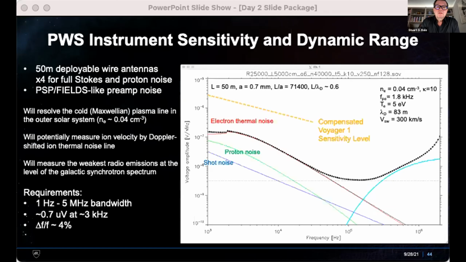So with a properly designed system, with let's say a 50-meter wire boom with a small diameter, one could easily measure the electron thermal noise in the local interstellar medium all the time. You wouldn't need the superthermal population to produce the strong peak. Even a Maxwellian would be measurable with this kind of instrument.